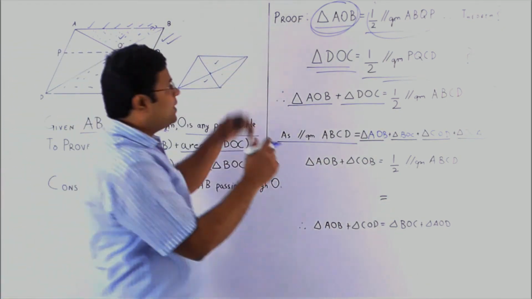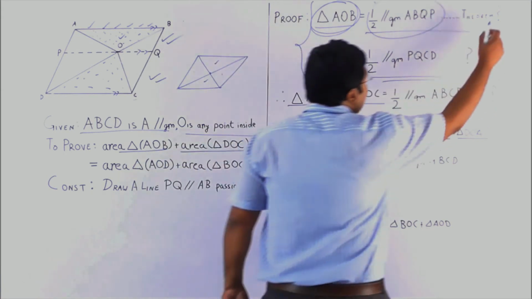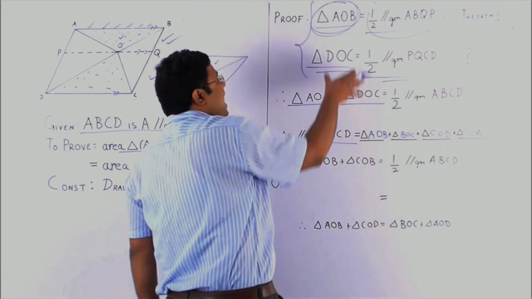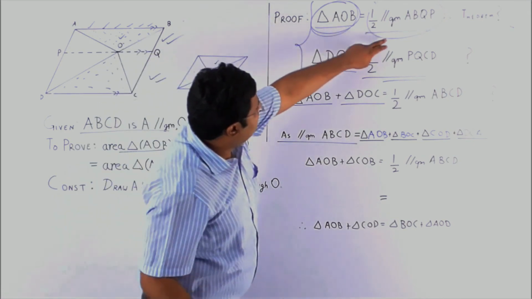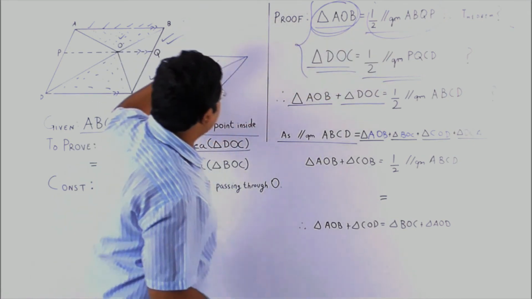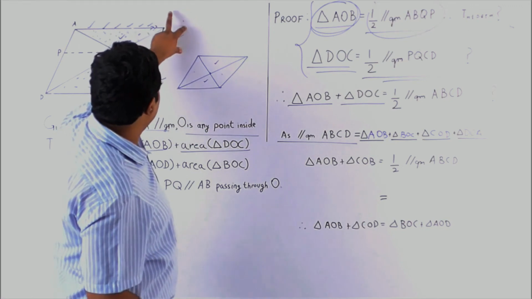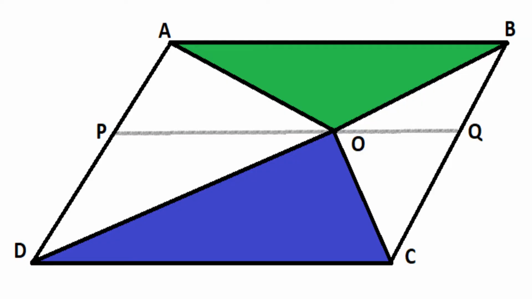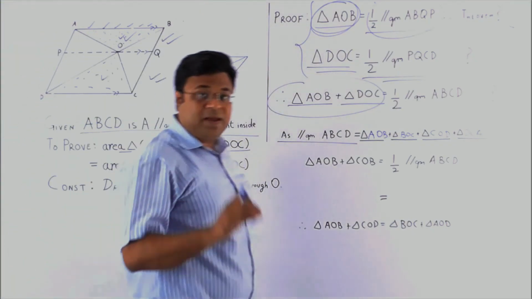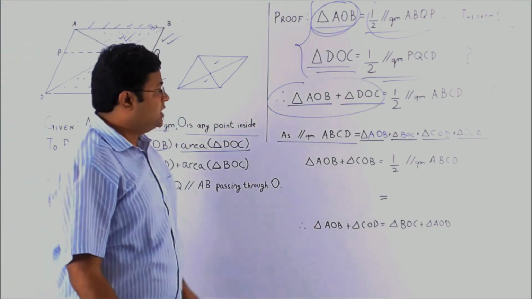Now we come back. What we need to do here is add these two. AOB is half of the upper parallelogram, and DOC is half of the lower parallelogram. Adding them, these two triangles become half of the entire parallelogram ABCD.